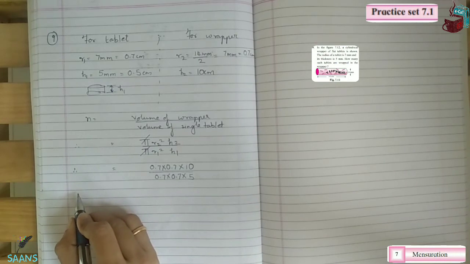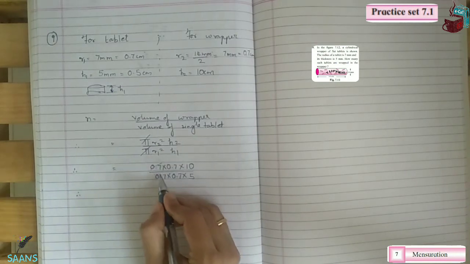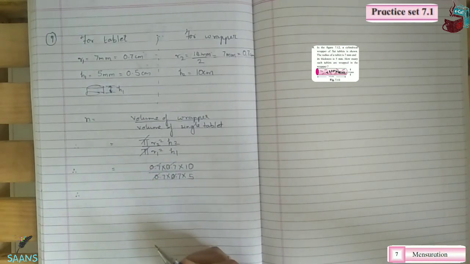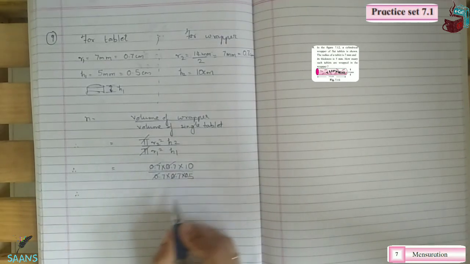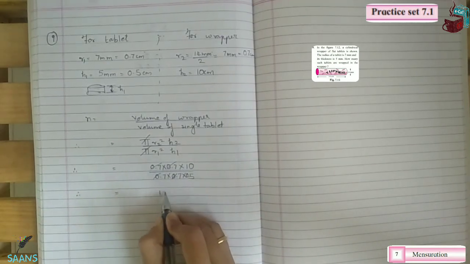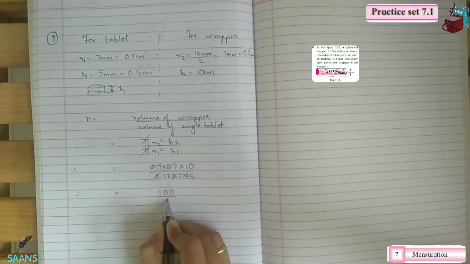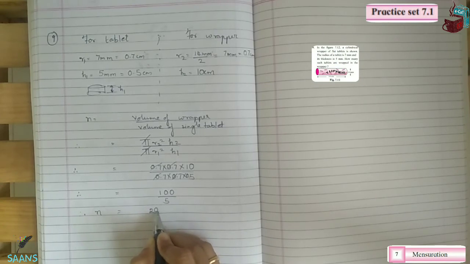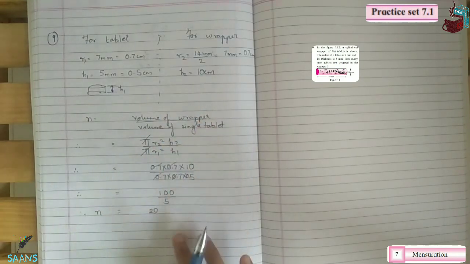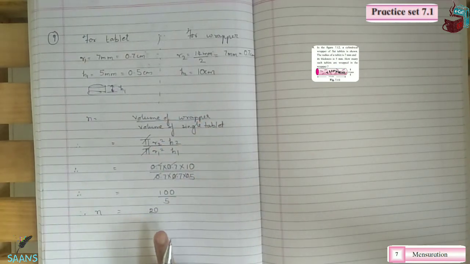Okay, so let's see what happens. Everything gets cancelled. We have, sorry, this is 0.5. So 0.5 का 0 ऊपर चला जाता है and upon 5. Therefore number of tablets is equals to 20. So the number of tablets that can be made are 20.